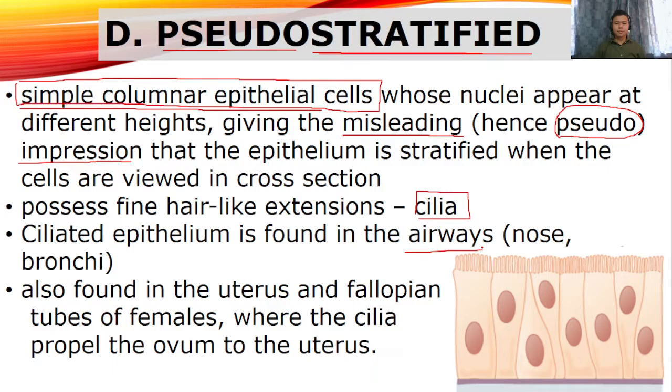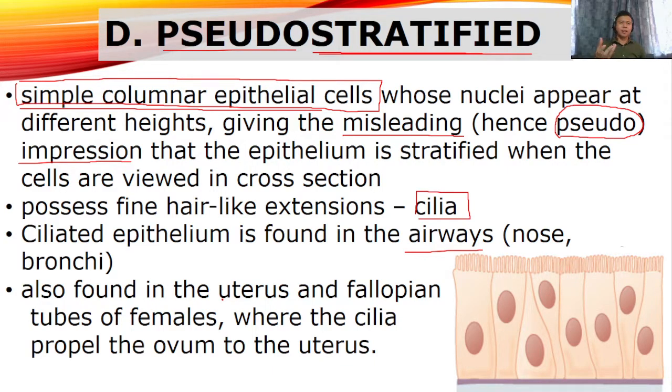tract. Now, there are also cilia found in our reproductive system. Moreover, in the female reproductive system, from the ovary to the fallopian tube to the uterus, there is a continuous rhythmic movement of cilia, allowing the ovum to travel from the ovary to the fallopian tube to the uterus.